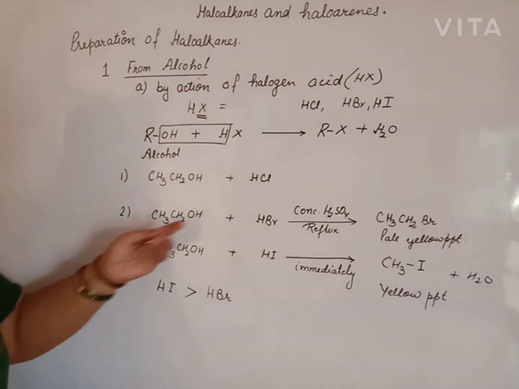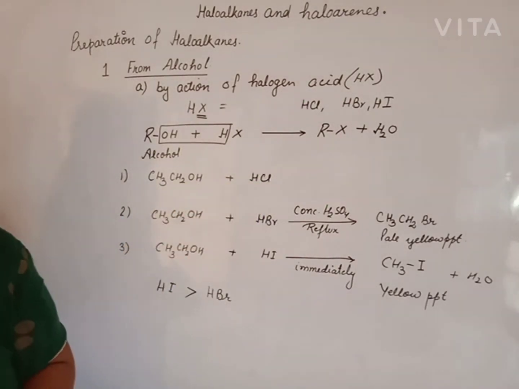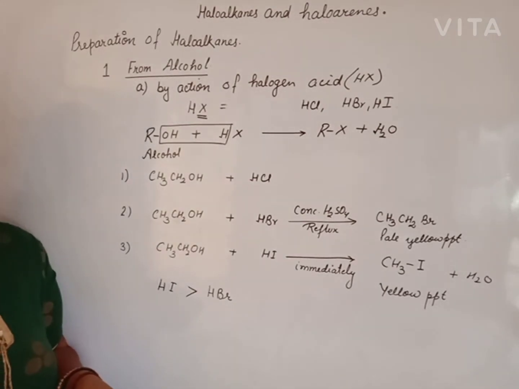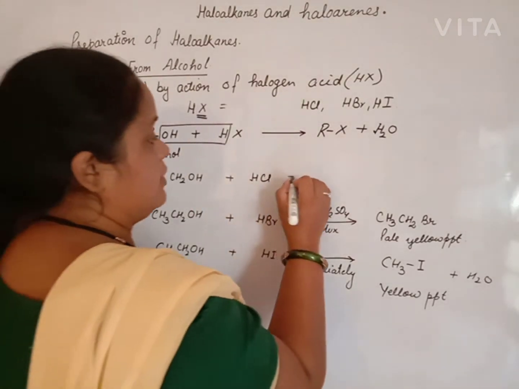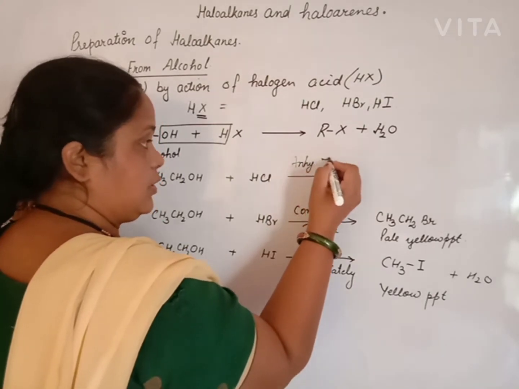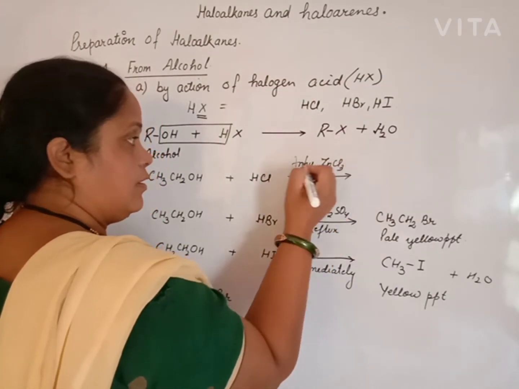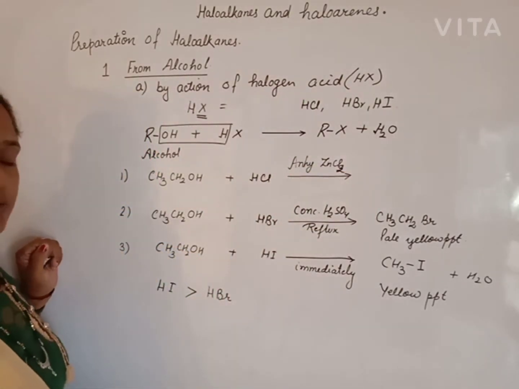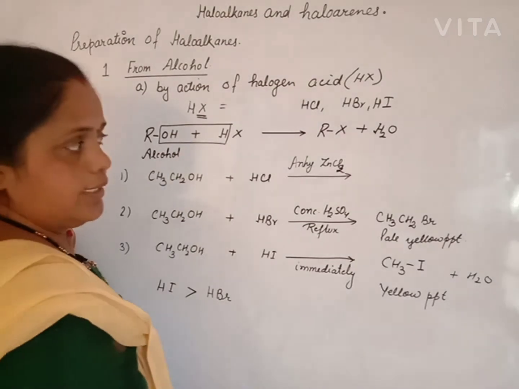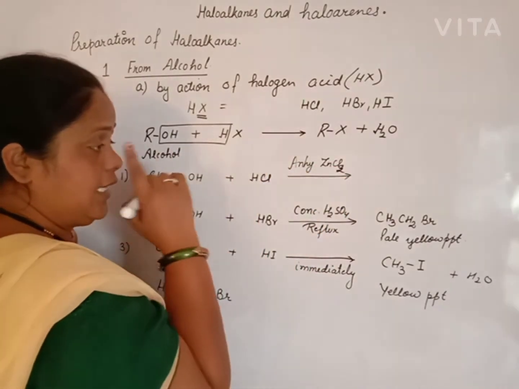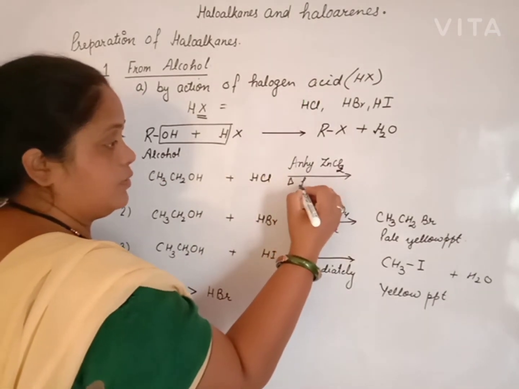Maybe HCl does not react with alcohol, so the reaction conditions will change. We add a Lewis acid, anhydrous zinc chloride; you may add anhydrous aluminium chloride in place of zinc chloride, and heat for a longer time.